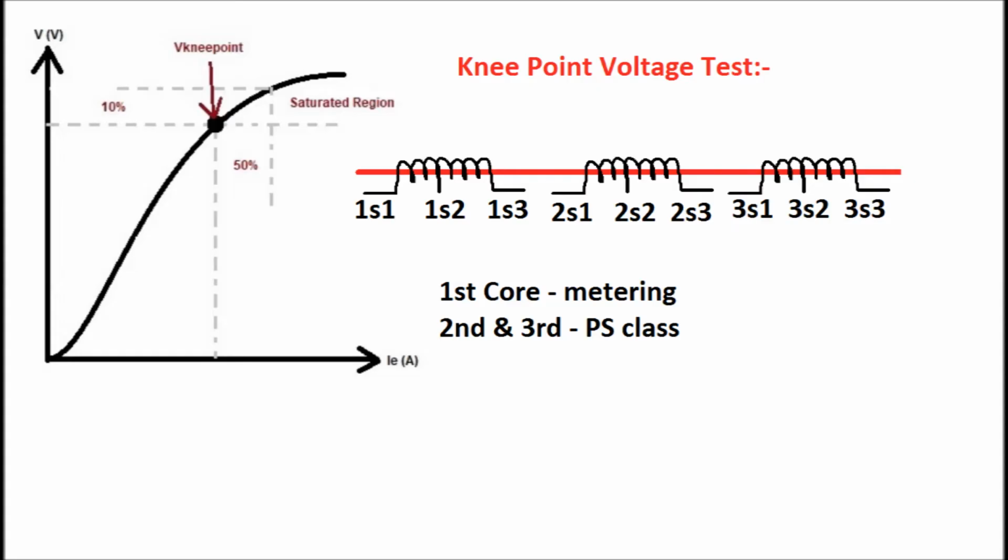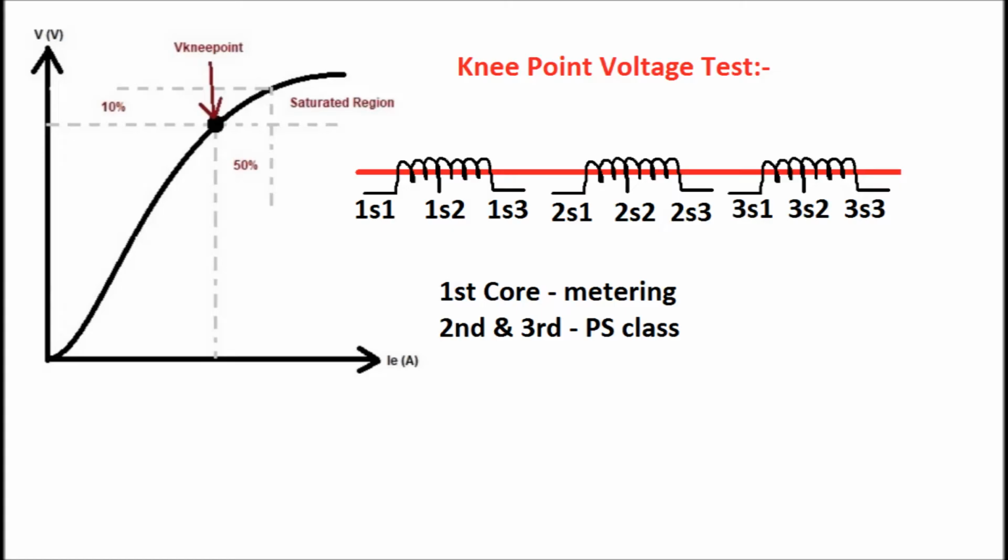To carry out the knee point voltage test, we have to disconnect all the secondary circuits, that is, the cables connected to 2S1 and 2S3 shall be disconnected first. We have to inject a variable voltage supply and gradually increase this voltage up to the knee point voltage.